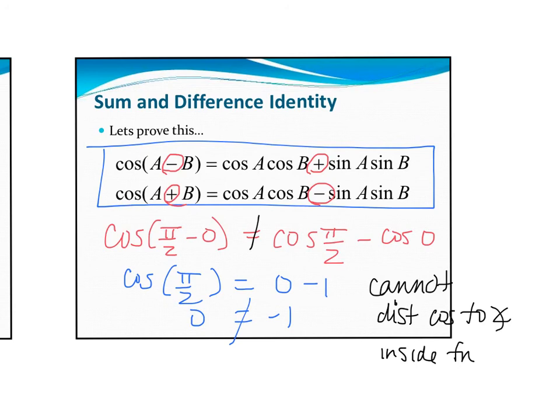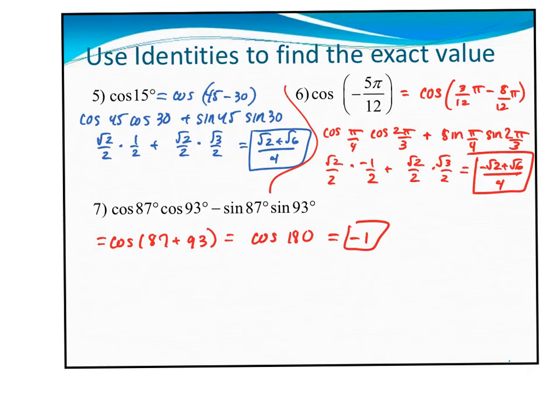What we're going to do today is go ahead and finish working through some applications of these problems, and then the next day we'll talk about some more complicated examples. Okay, what you can see here is we're trying to find ways to get the exact value for the angle. And cosine of 15 is not an angle that we know. However, if we can find two angles that we do know and either add or subtract them, then we can come up with cosine of 15.